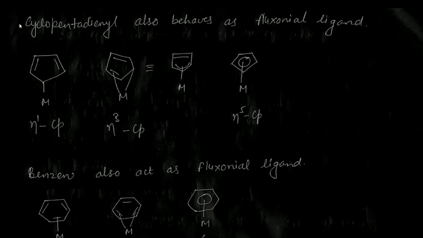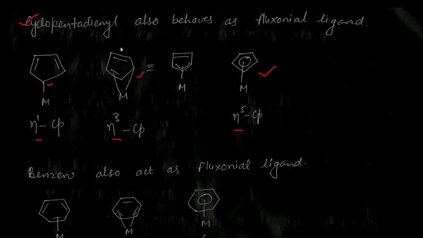Cyclopentadienyl also behaves as a fluxional ligand because cyclopentadienyl can attach to this metal either through one atom, through 3 atoms, or via all 5 atoms. So cyclopentadienyl can show hapticity 1, 3 and 5.